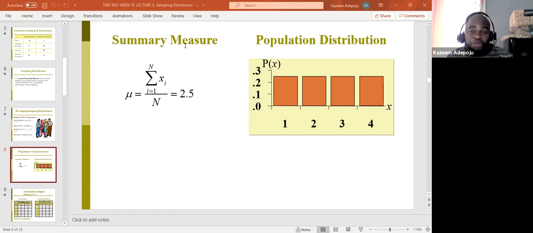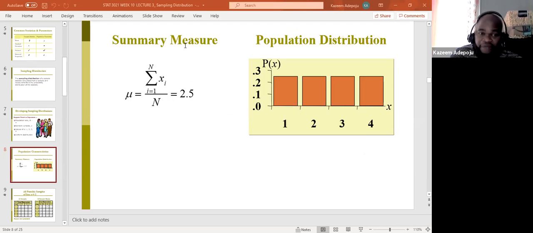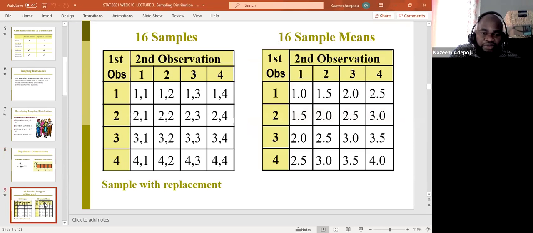I want to demonstrate that despite the fact that the population mean is 2.5 and the distribution here is uniform, we want to use the idea of sampling distribution right here, and you're going to see whether we get the same results. This is what I'm going to do right now.